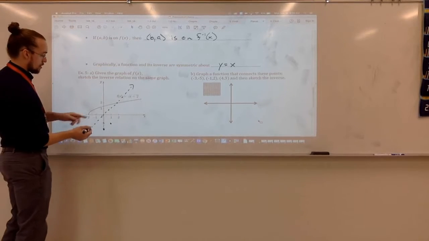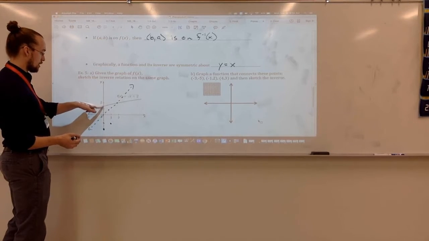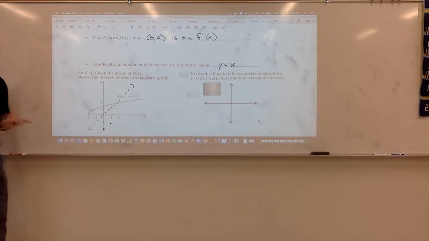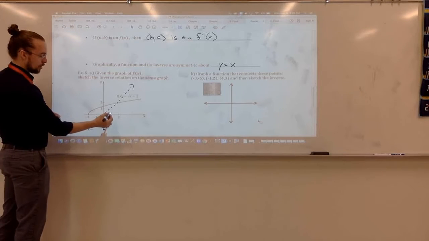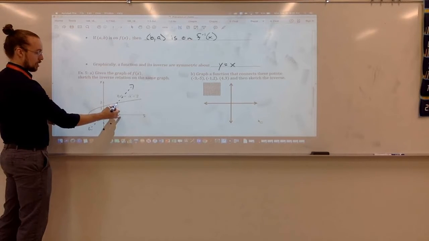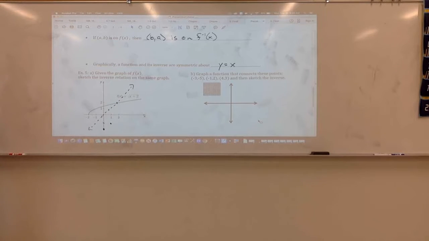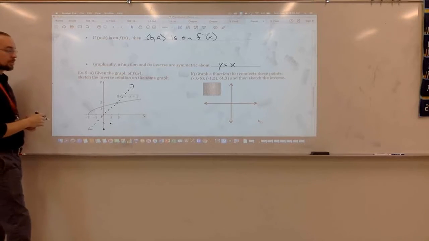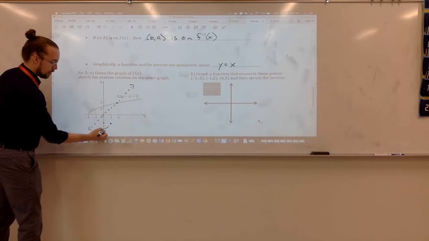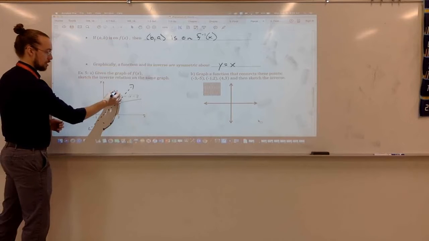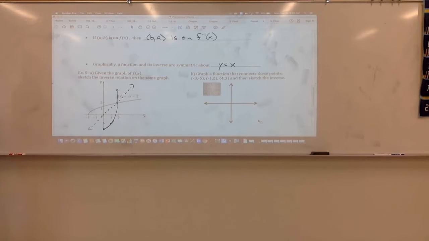Right? The points, let's see, it's kind of hard to tell what that intercept is. All right, so we can see that the point (2, 2) is on the original. Well, the point (2, 2) then will be on the inverse. Okay, so if we think about sketching this graph, we should end up with something like this.